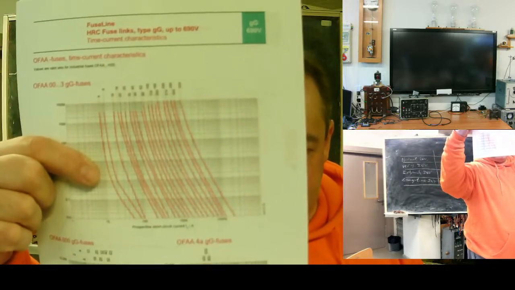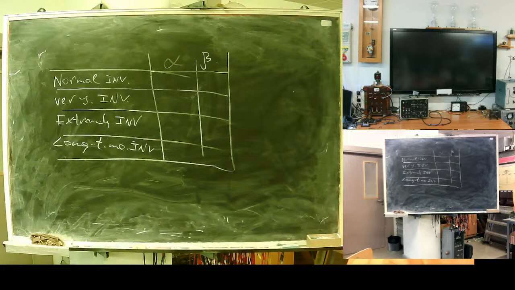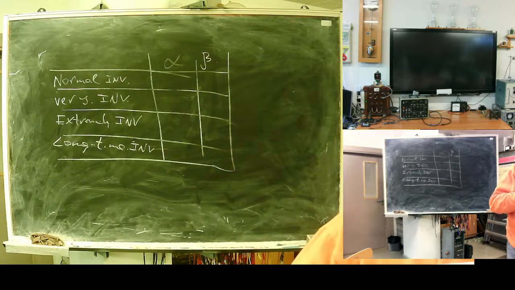It's the guaranteed disconnection time as a function of current. Compare these two. See? Good fuses are extremely inverse. You see them?